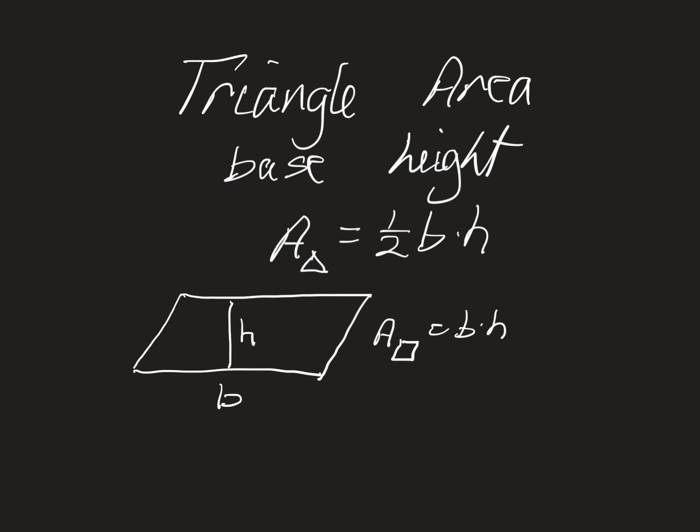Now, a rectangle is a parallelogram, so you get length times width. So that's good. And from any triangle, draw any old triangle, and it turns out if you flip the triangle, you can make a parallelogram.